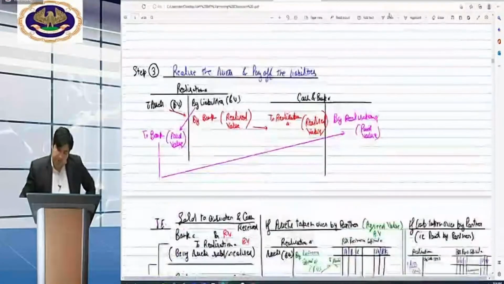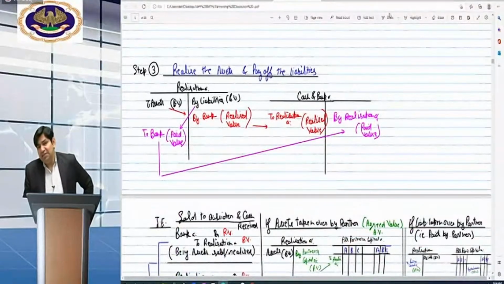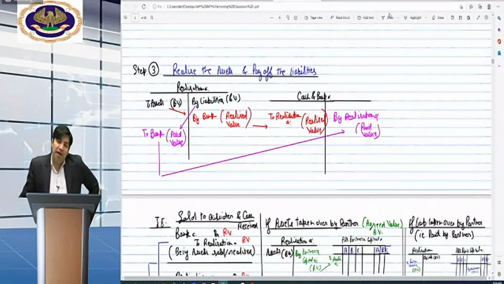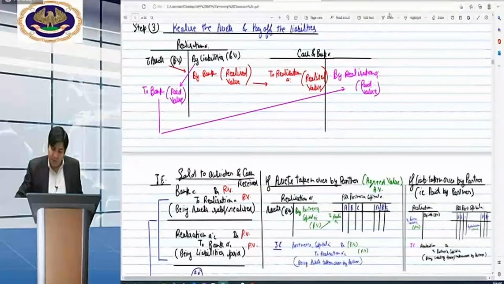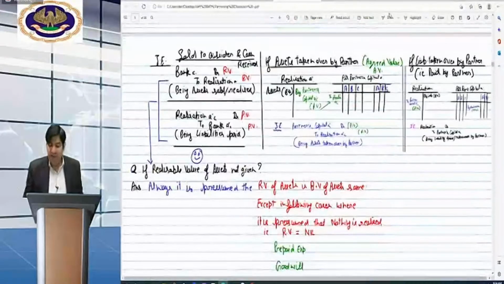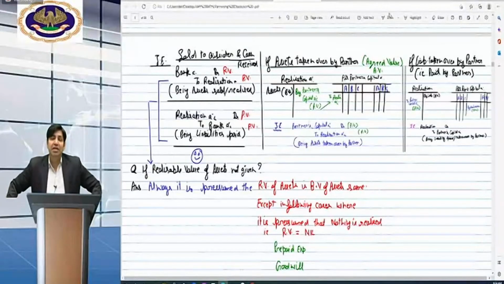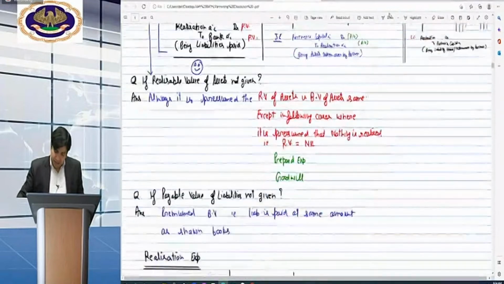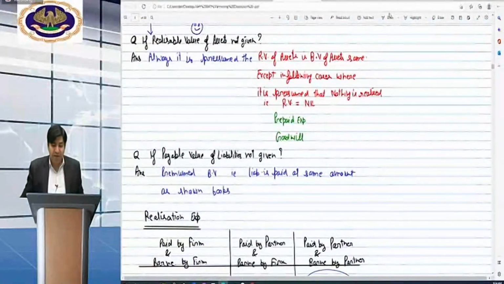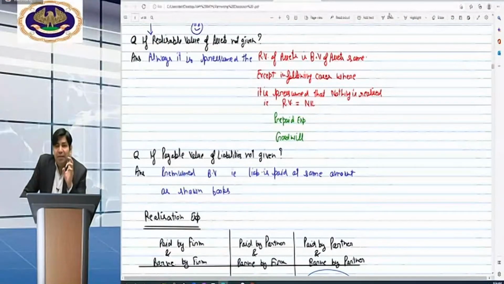Step number 3, realize the assets and pay off the liabilities. If nothing is given, then book value will be there; at that amount it will be dealt, whether cash realization or partner realization. Partner may take over the assets or liabilities. The difference will be transferred to the realization account. Next, we have to assume that prepaid expenses and goodwill will realize nothing if no realization value is given, because I already explained the reason.